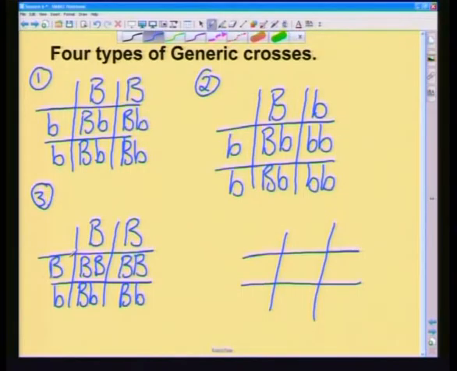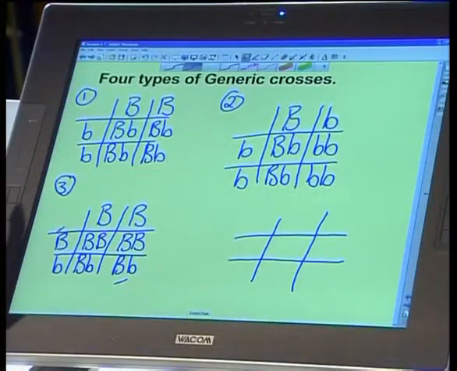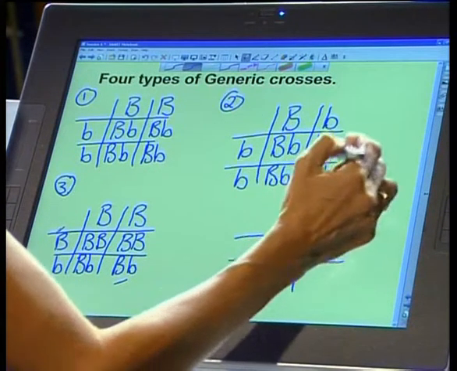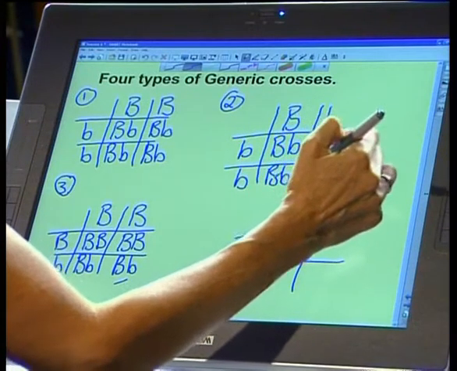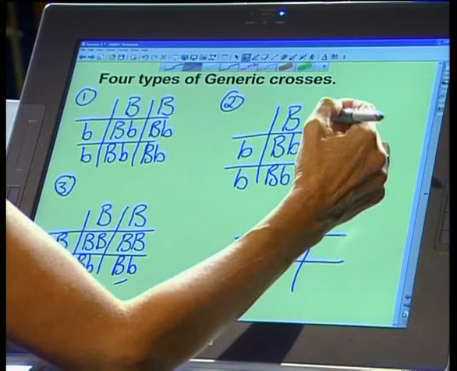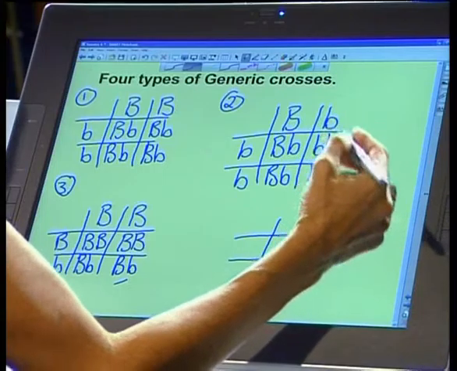In the phenotype, all the offspring are going to look like the dominant characteristic, whereas with 2, 50% will look like the dominant characteristic and 50% are going to look like the homozygous recessive characteristic.